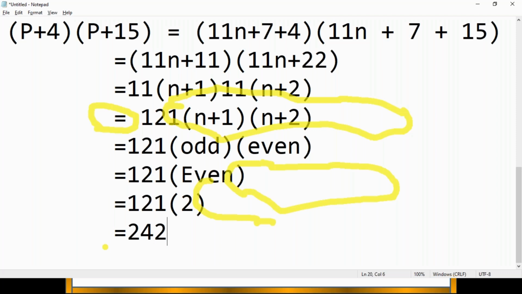So P plus 4 into P plus 15, just note it down now. The P value we know already: 11n plus 7 is the P value.